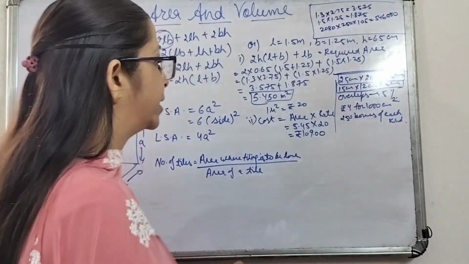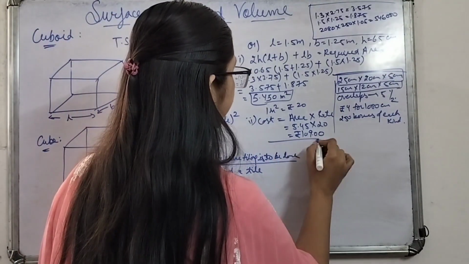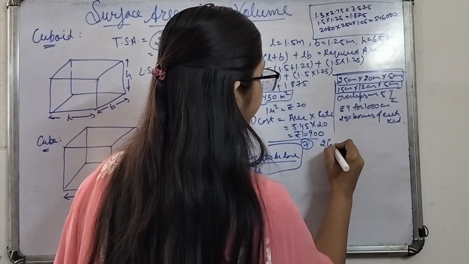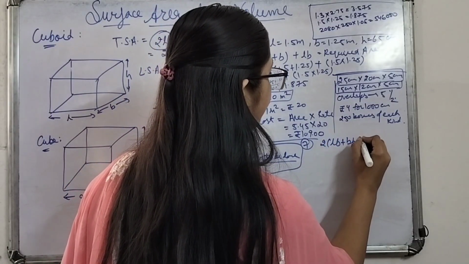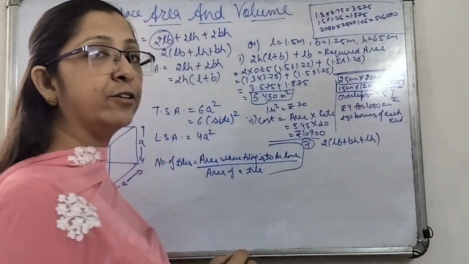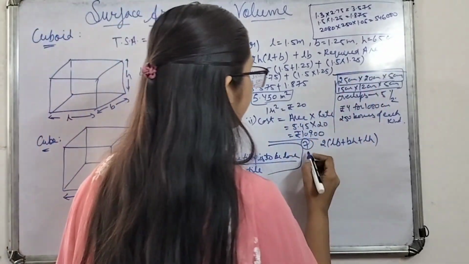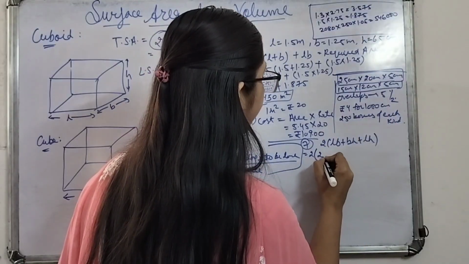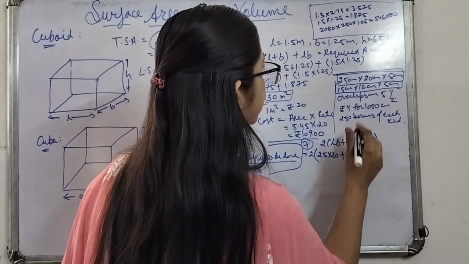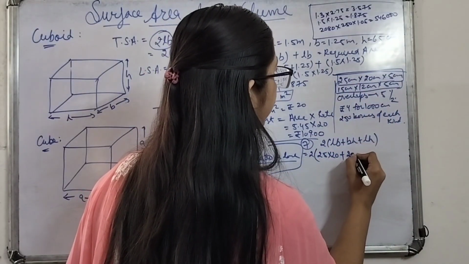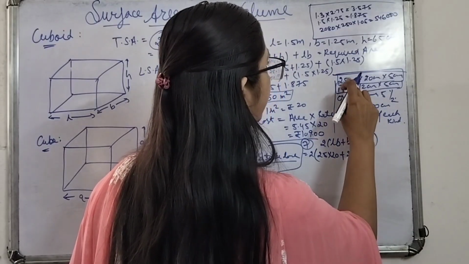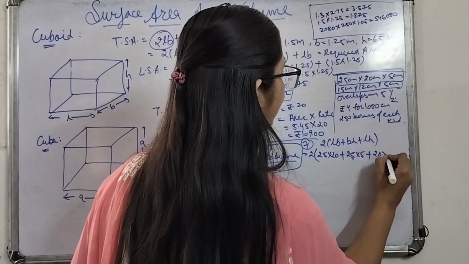We know that the total surface area will be 2 into LB plus BH plus LH. So the total surface area is 2 multiplied by 25 into 20 plus 25 into 5 plus 20 into 5.